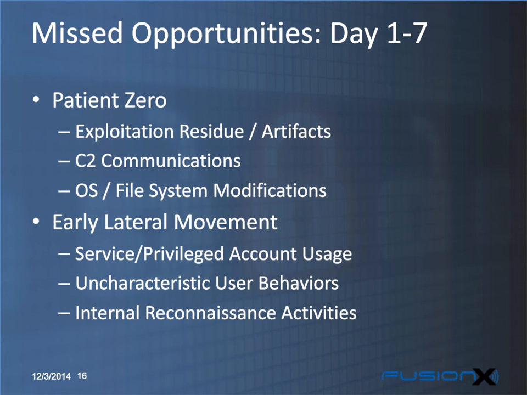Okay, so that was early opportunities. Now let's talk about days 1 through to 7. Well, we've obviously got patient 0, the first person on your network who's been successfully exploited.